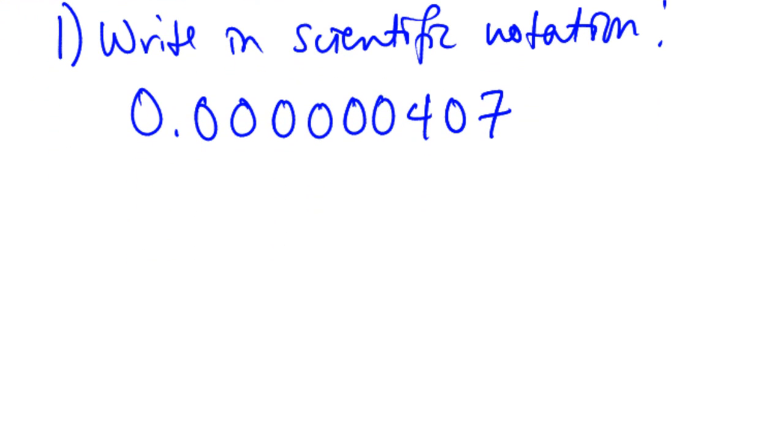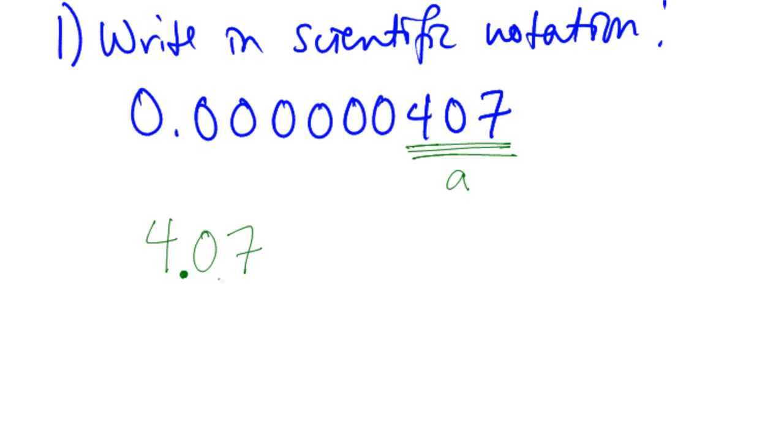What are the numbers that we have that are non-zero? This 4 is non-zero. That's the first place where we have non-zero stuff right here. So we've got 407 as something that needs to be turned into a number that's not 0. So our A is going to have to be 407 with a decimal place somewhere. Well, we know we always want that decimal place to be right after the first number.